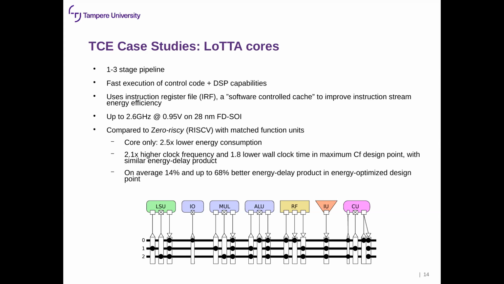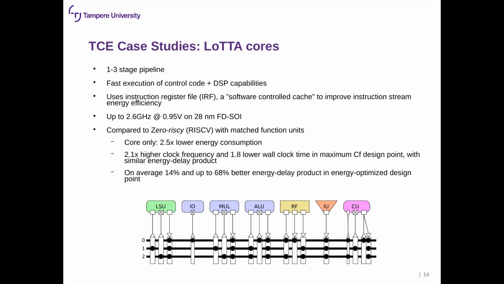In a design point where we tried to maximize the clock frequency, we got over 2x higher clock frequency and 1.8 times lower wall clock time compared to the Zero RISC-V. This also achieved a similar energy delay product.